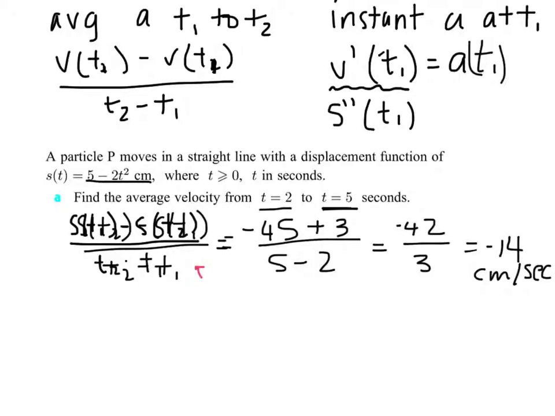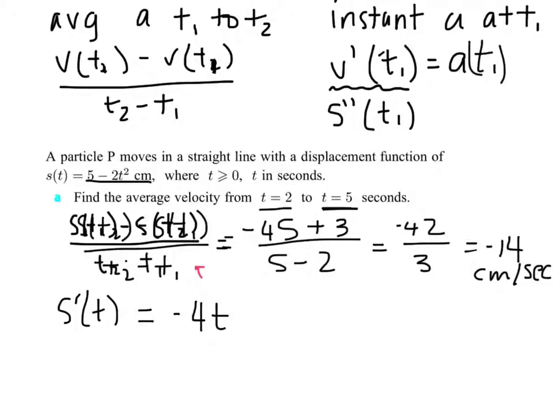Anyways, if I use the same function and I want to find the instantaneous velocity at, say, time equals 2, then what I would do is take the derivative of s of t, which is just negative 4t, and I would plug in whatever time I'm looking at.